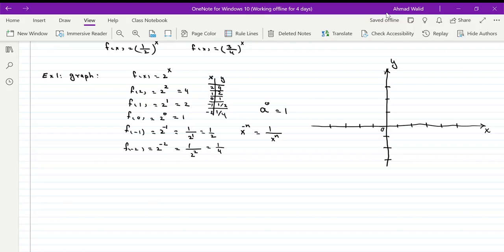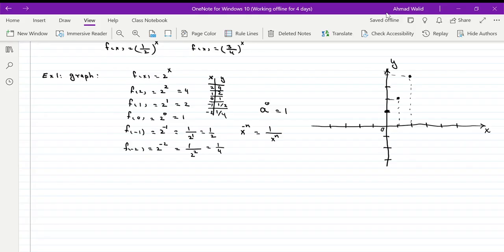When x is 2, y is 4. x2, y4, somewhere here. When x is 1, y is 2. x1, y2, this point. When x is 0, y is 1, which is this point, the y-intercept, correct?